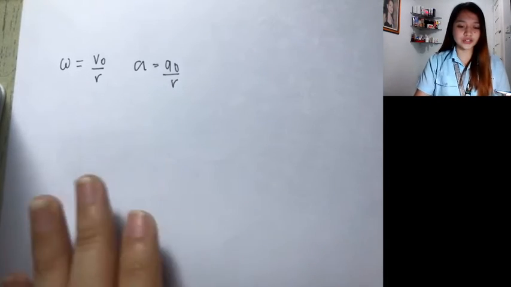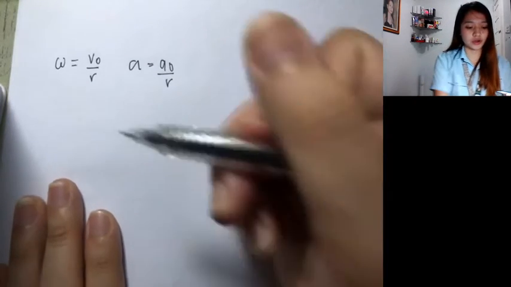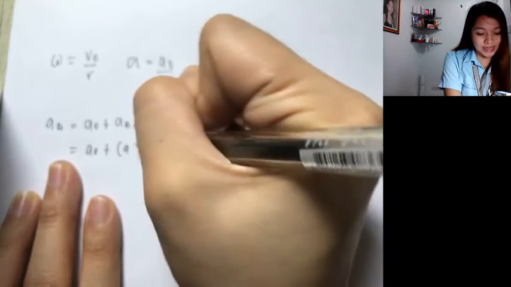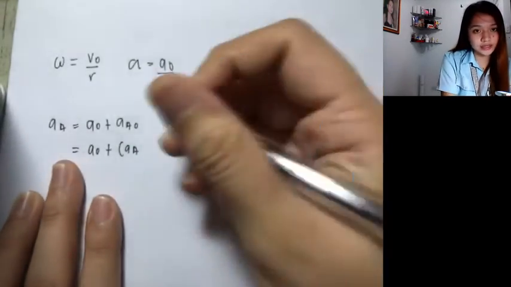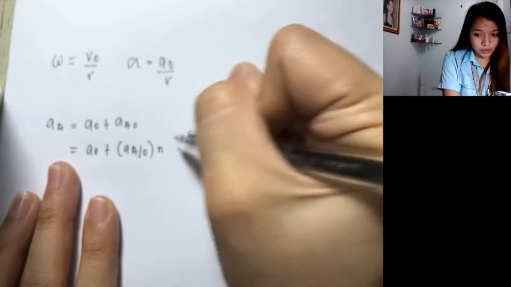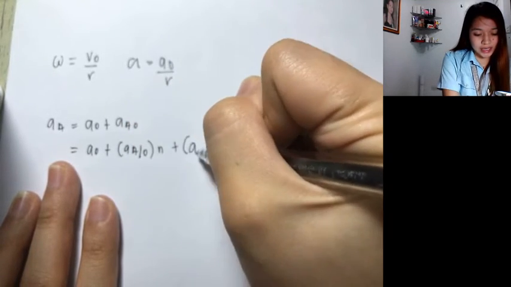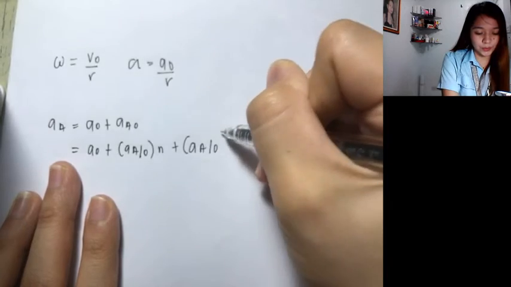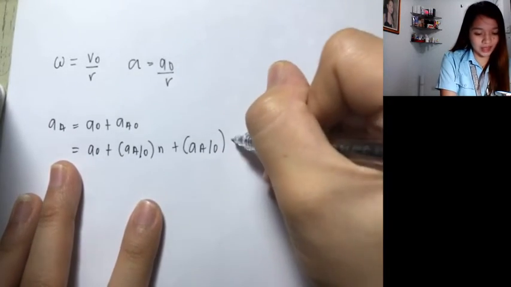The acceleration is written in terms of a sub A equals a sub O plus a sub A to O. This is also equal to a sub O plus a sub A to O normal plus a sub A to O tangential.